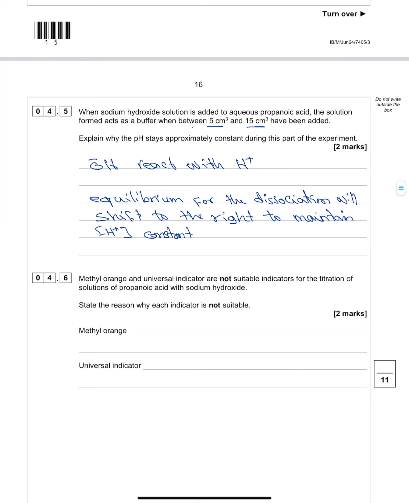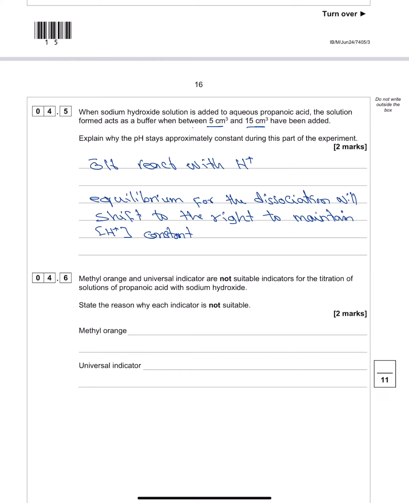Methyl orange and universal indicators are not suitable indicators for the titration of solutions of propanoic acid and sodium hydroxide. We know that methyl orange is not the best indicator when you titrate a weak acid with a strong base. This is because the pH range when the color of the indicator changes is different from the equivalence point for this titration.